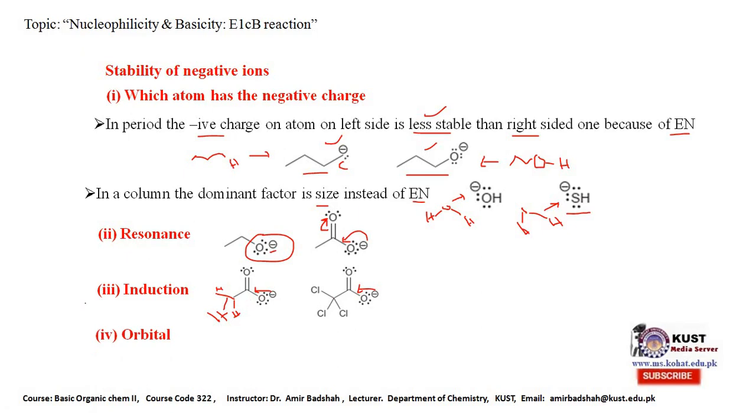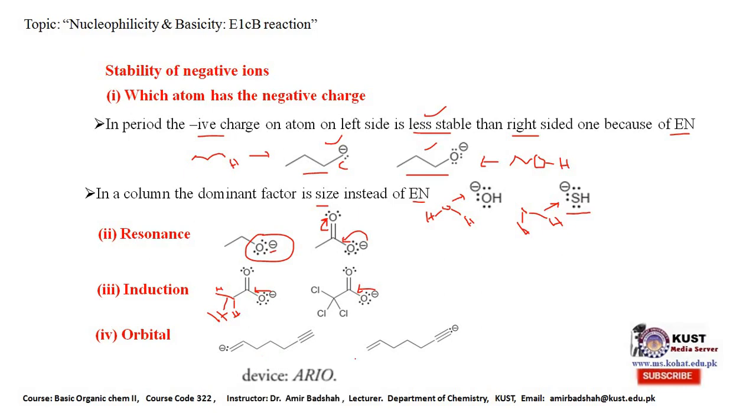The fourth factor is orbitals. For example, here this carbon is sp2 and this carbon is sp. So here the negative charge is present on the sp2 carbon and here the negative charge is present on the sp carbon, and we know that the sp carbon has greater s character compared to the carbon which has sp2 hybridization.